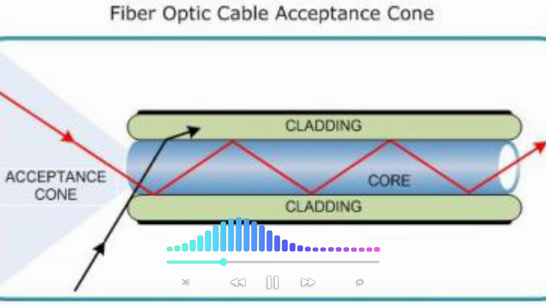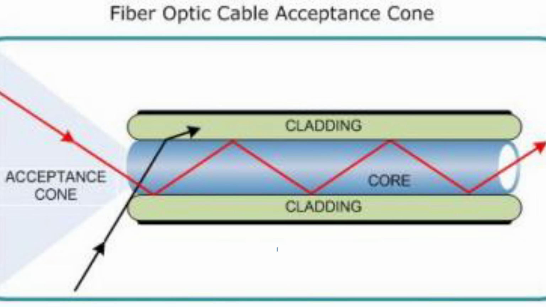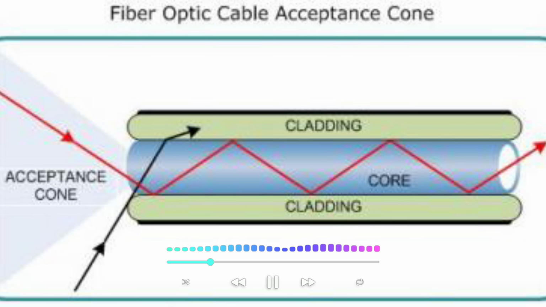Instead of refracting out into the cladding, the light doesn't escape at all. It gets completely reflected back into the dense core. Completely reflected, like a perfect mirror. Essentially, yes, but without needing a mirrored surface. It's a property of the light hitting the boundary at that shallow angle from the denser side. Wow. This happens over and over again. The light bounces along the inside of the fiber, zigzagging down its length, effectively trapped within the core.